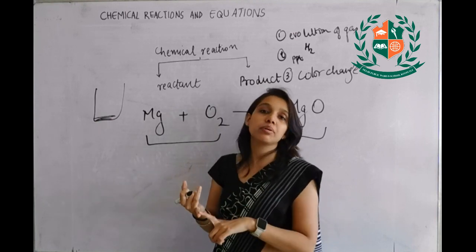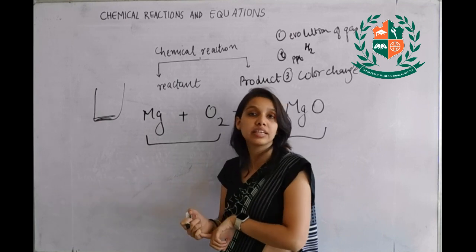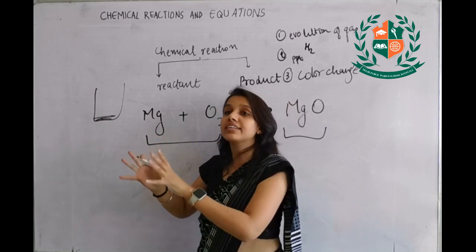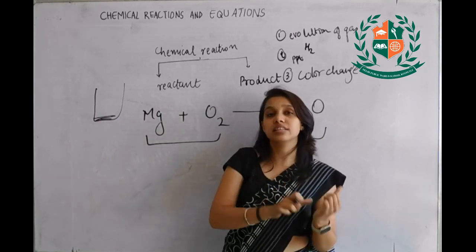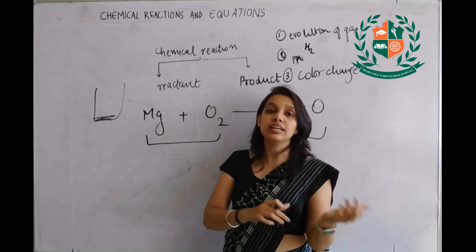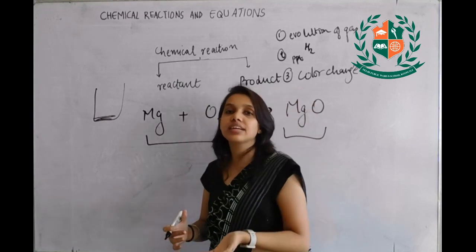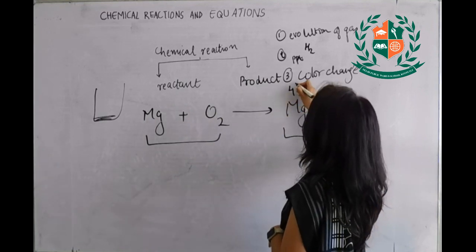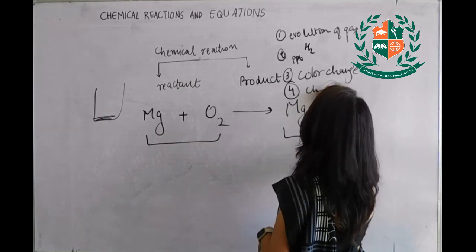It can be colorless before the reaction and of a different color after the reaction, or it can have a characteristic color, like red, before the reaction and change to another color or to colorless. Whenever there is a color change, we can say that a chemical reaction is happening. The fourth one is change in temperature.